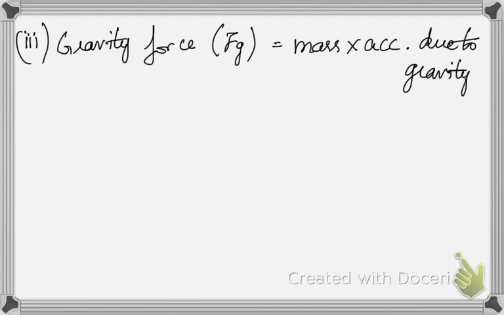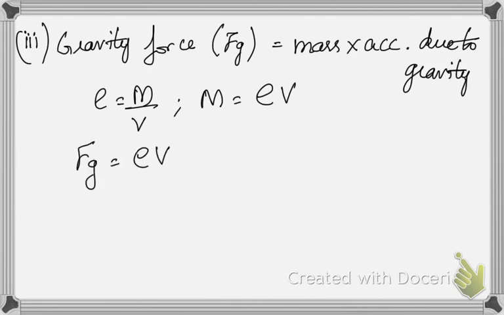In the first one, inertia force, it is mass into acceleration of flowing fluid; this is mass into acceleration due to gravity. As such, mass we have from the density formula: density is equal to mass by volume, so mass will be equal to density into volume. I substitute density into volume, and acceleration due to gravity is g.